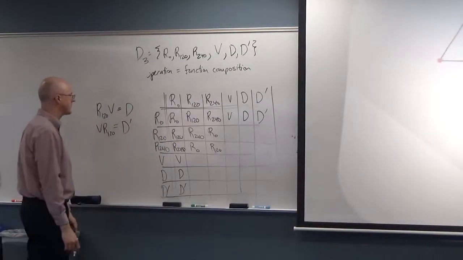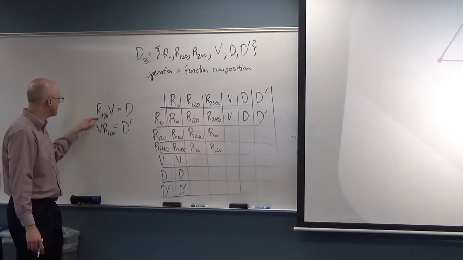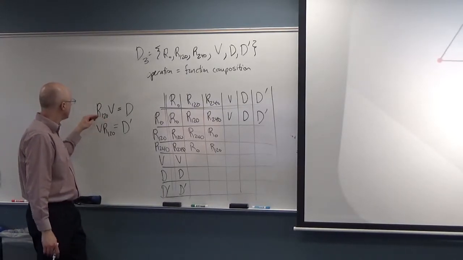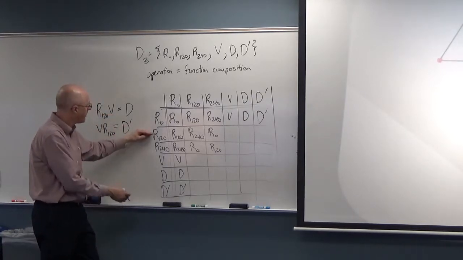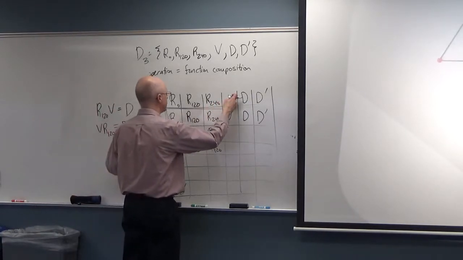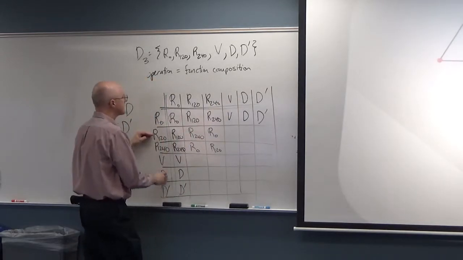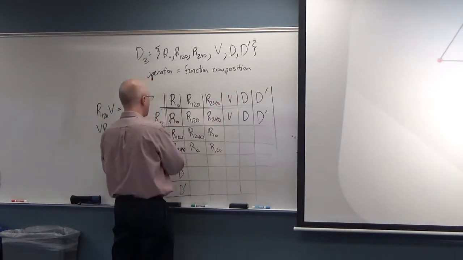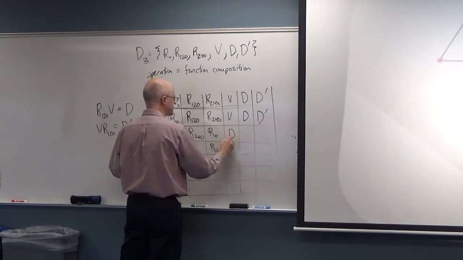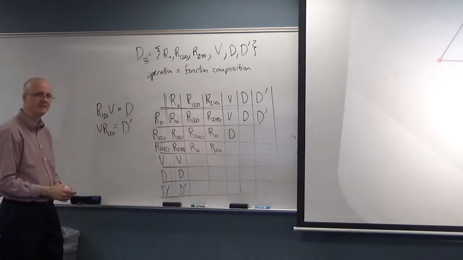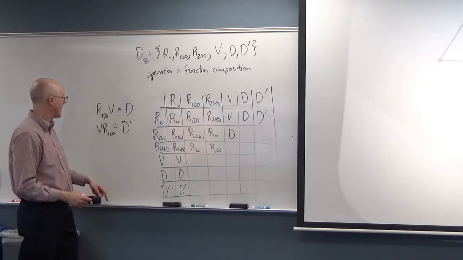In the Cayley table, the convention we will do is that when we do R120V, R120 on the left, V on the right, start with the column there, R120, and then end with the row. So R120V, that composition has an answer that goes in that spot. That's D. Do it the other way around.